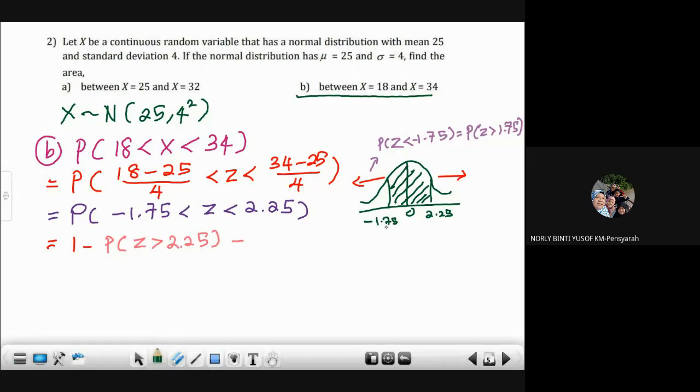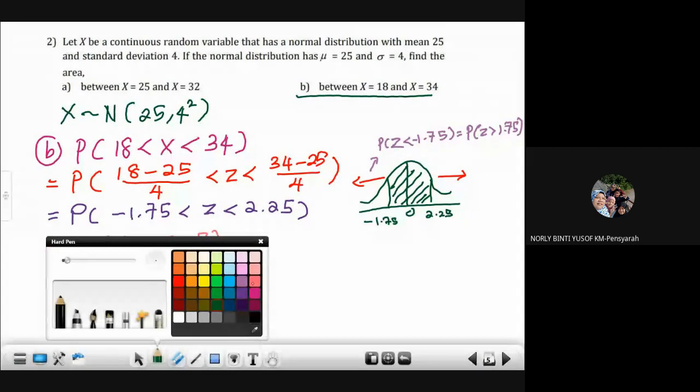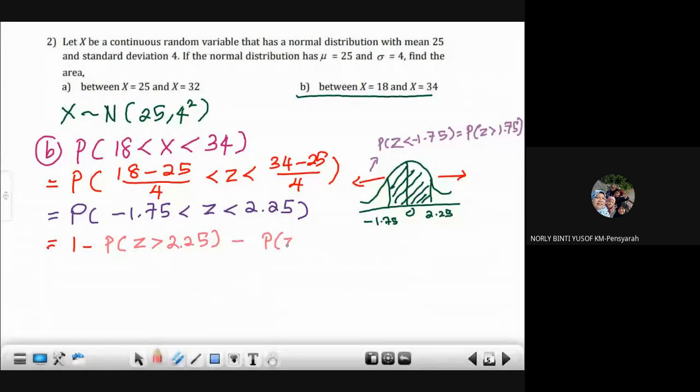When we fold the normal shape, lesser than negative 1.75 equals greater than 1.75. You can write the lesser one first and then replace it, or write it straight away, since you know the area is symmetrical. The area is the same for lesser than negative Z and greater than positive Z.